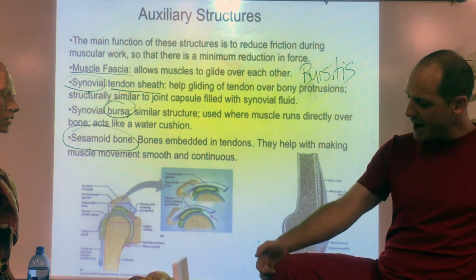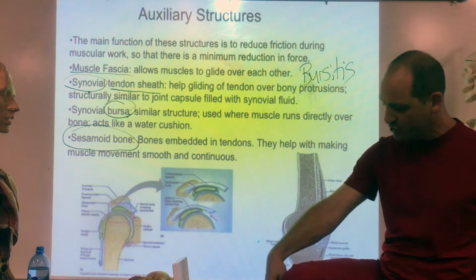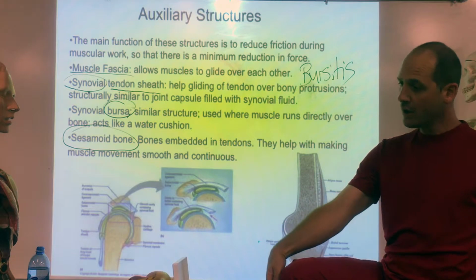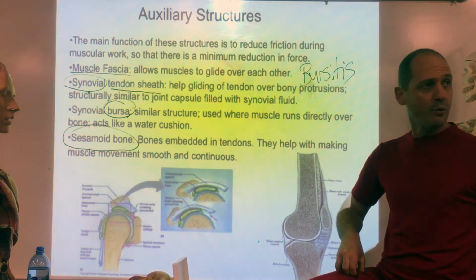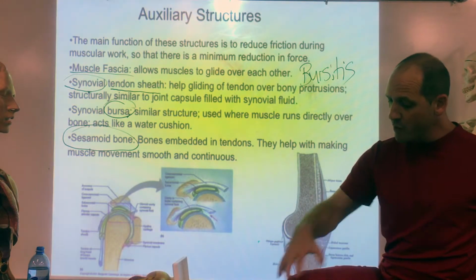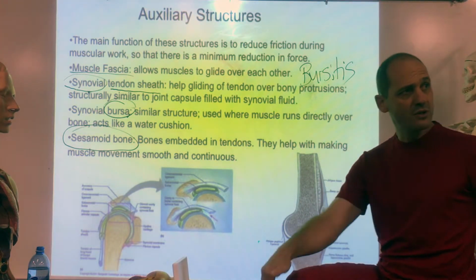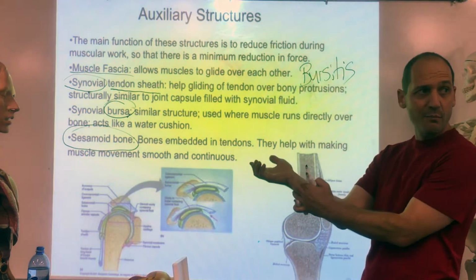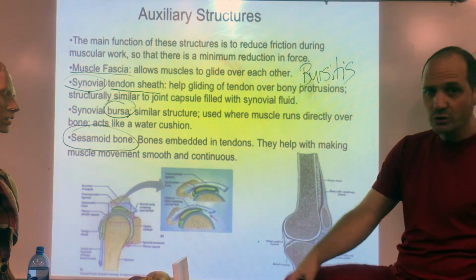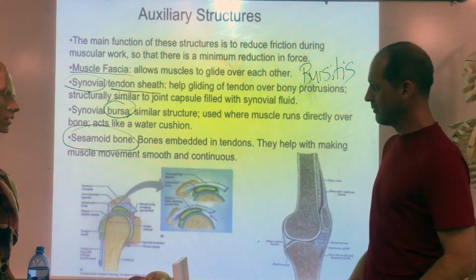If the patella weren't there, if you took it out, the muscle goes from here and then just drops down to right here where it attaches. You would have to put a lot of force into this muscle before it jumps up, versus having a round one where the force can slowly go up and be distributed evenly. So that's a sesamoid bone. We've got some here, a big one. We've got some in the toes. We've got a whole bunch of them.